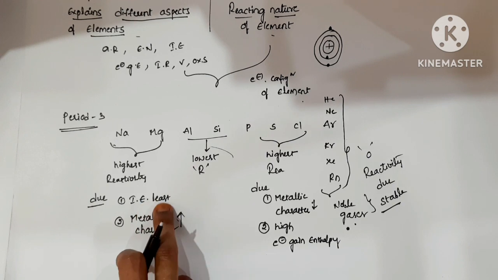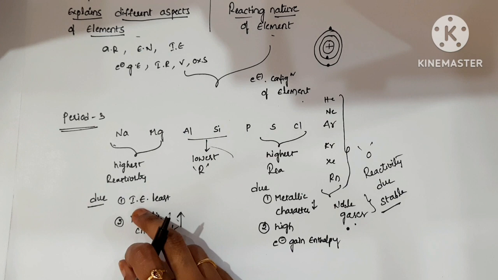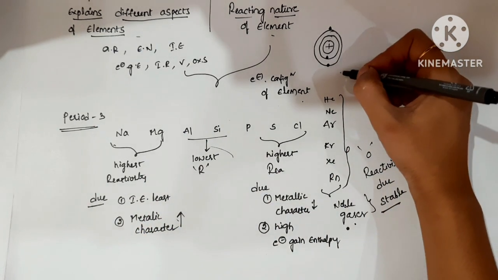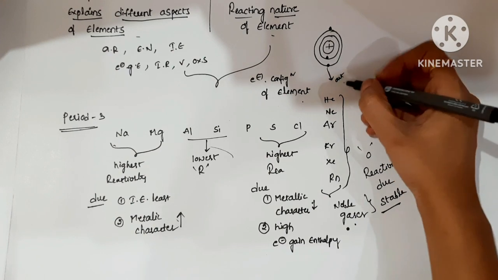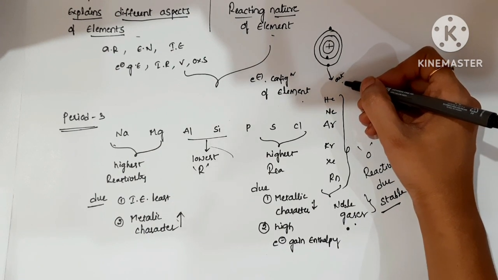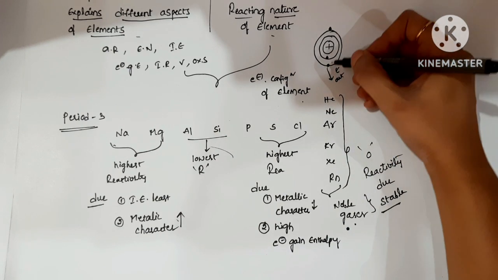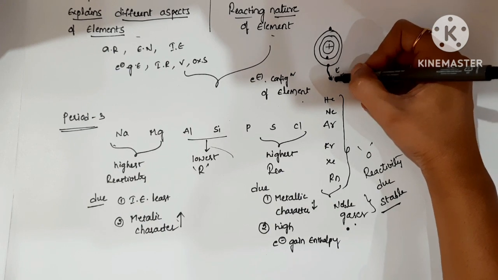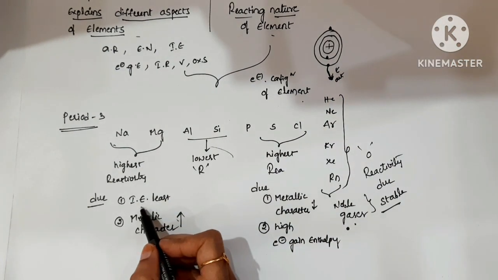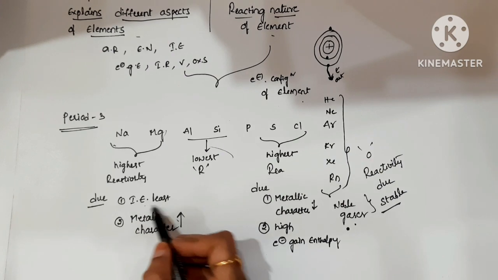Ionization enthalpy is the energy required to remove the valence shell electron from an isolated gaseous atom, also called ionization energy. So these elements have the least ionization enthalpy.